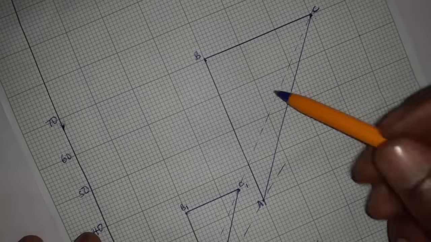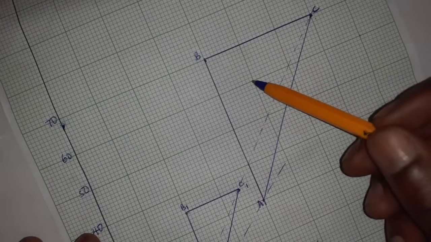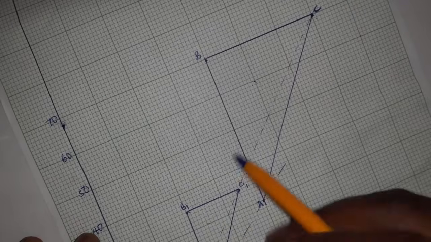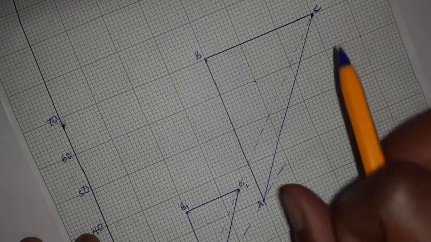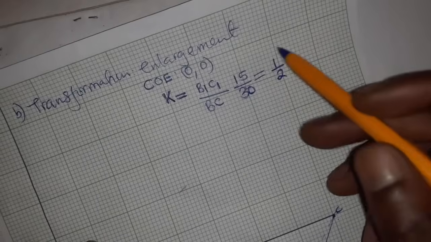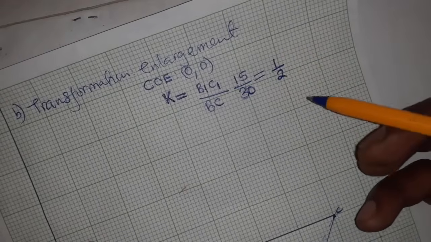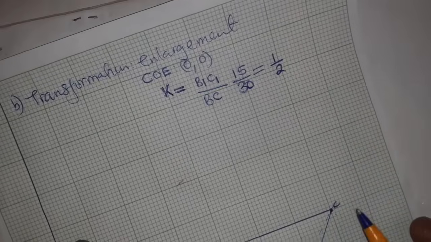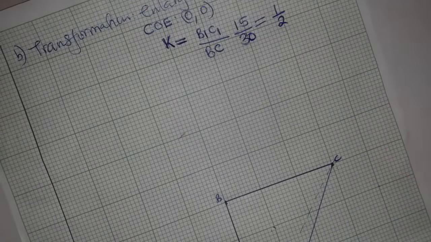Of course, as you can see, the object is bigger than the image, so it's like the image has been reduced twice. So this is the scale factor here. I hope we have dealt with that one.